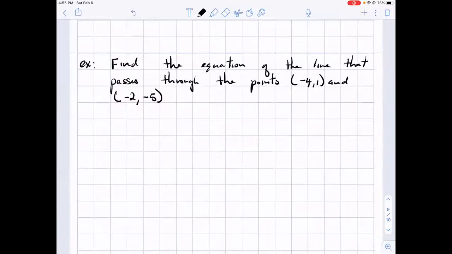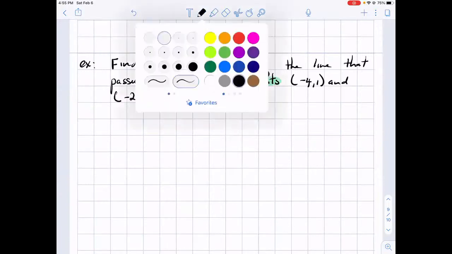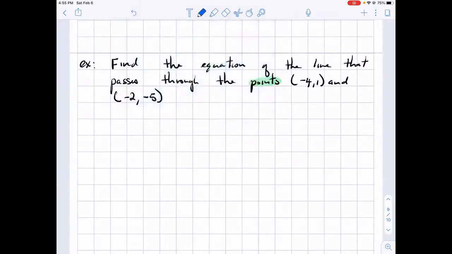So once again, observe that all we have is points. Okay, so our points are minus 4, 1 and minus 2, minus 5.